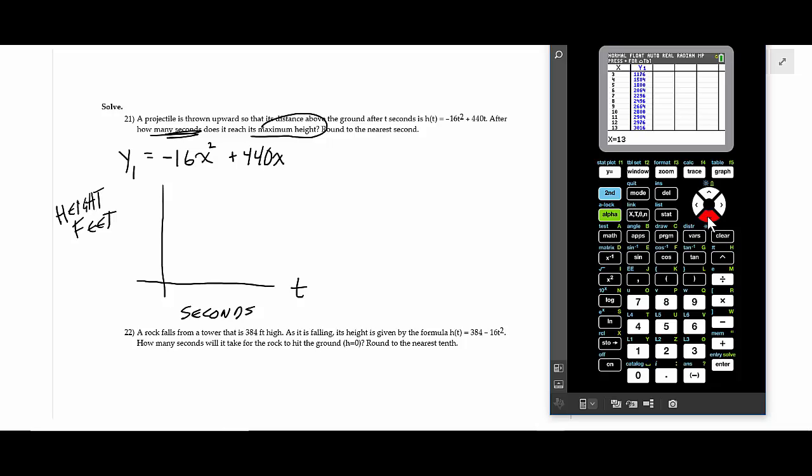If you begin to look at your table, you'll see this one is going to go up for a long time, okay?